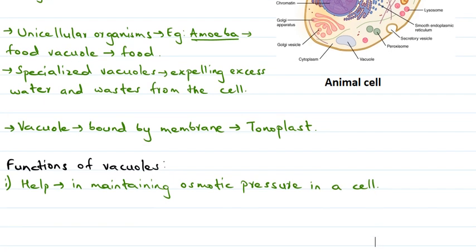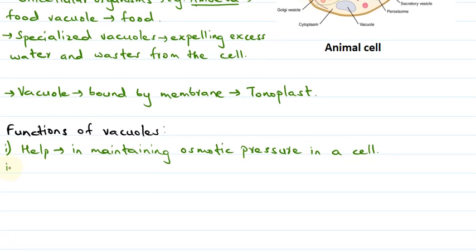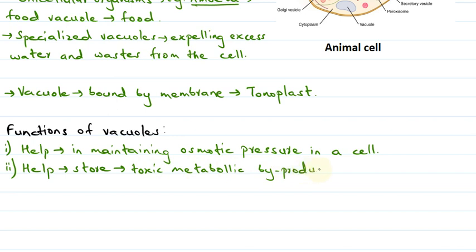Then vacuoles also help to store toxic metabolic byproducts of plant cells.